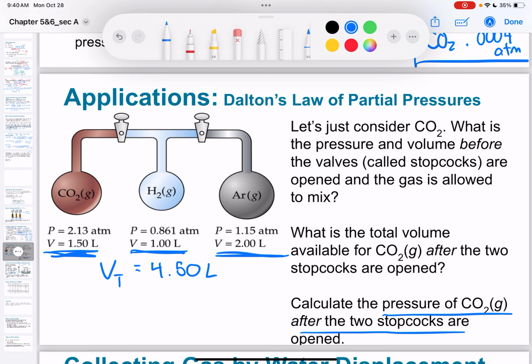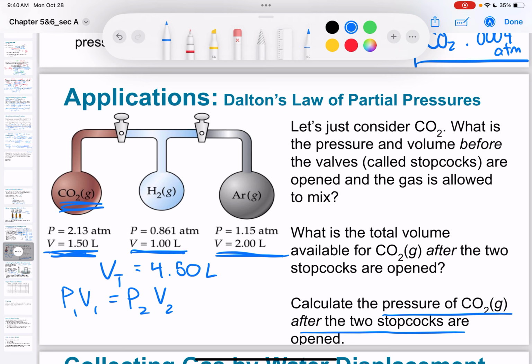We can just pretend like CO2 is in there by itself. Okay? So this really is just a P1V1 equals P2V2 problem. It's just that those pressures and volumes are only for the CO2. We're not going to worry about the fact that there's hydrogen and argon mixed in there as well.